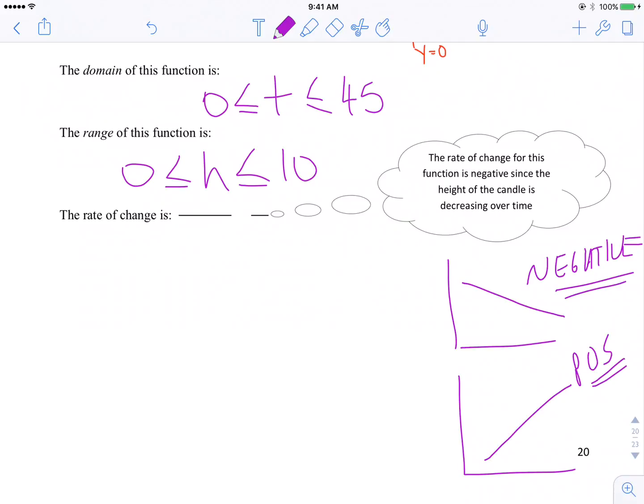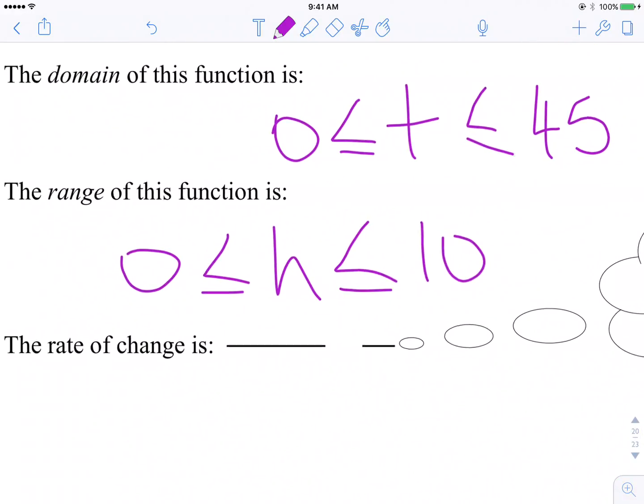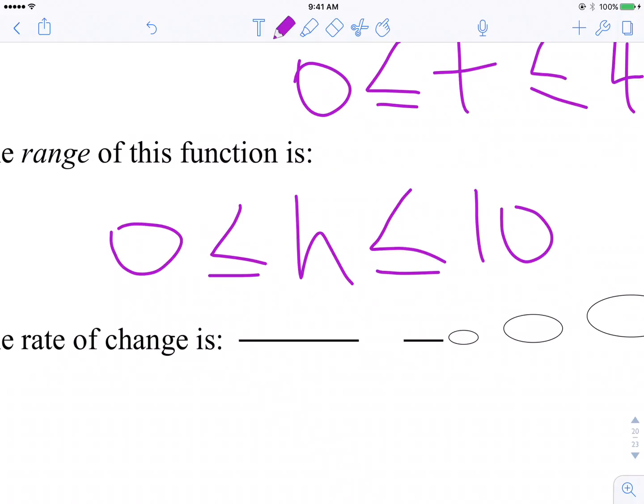Okay, a couple of key things to remember. The definition of rate of change is the change in h, our height, over our change in time.